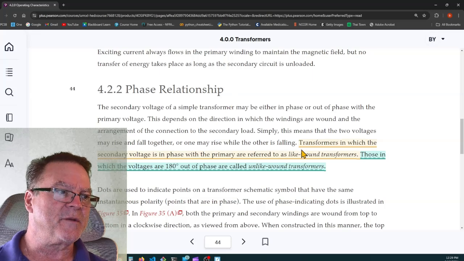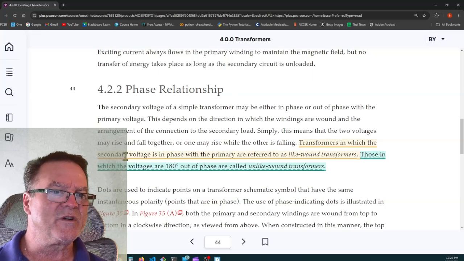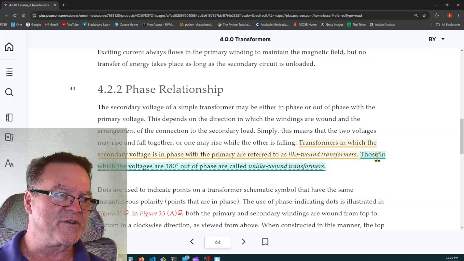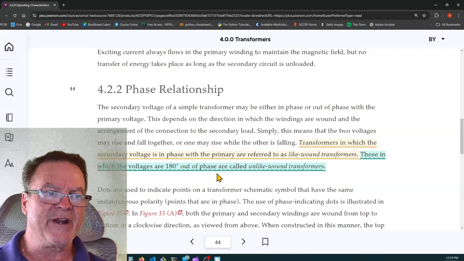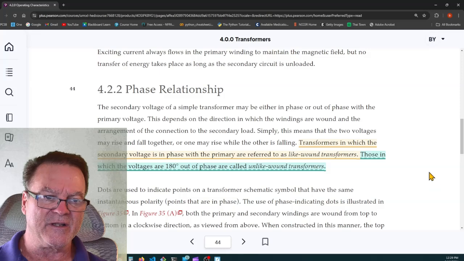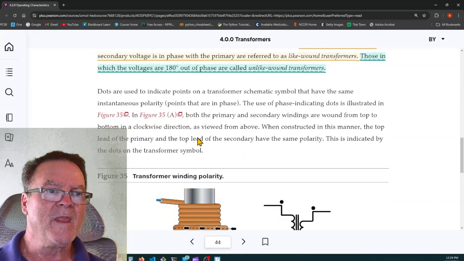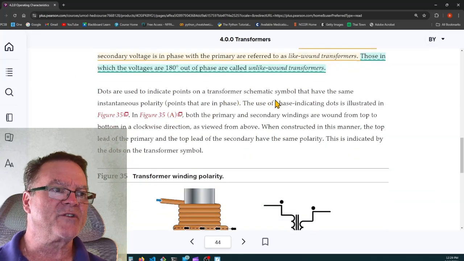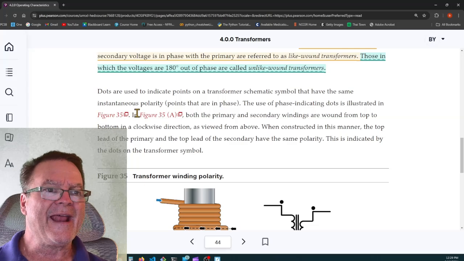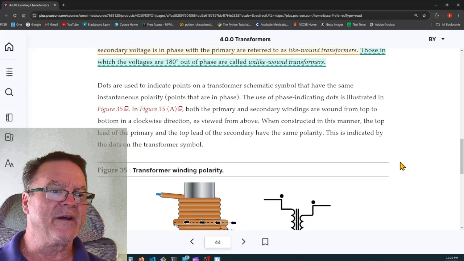Phase relationship, it says here: transformers in which the secondary voltage is in phase with the primary are referred to as like-wound transformers. Those in which the voltages are 180 degrees out of phase are called unlike-wound transformers. Dots are used to indicate the points on a transformer schematic symbol that have the same instantaneous polarity.